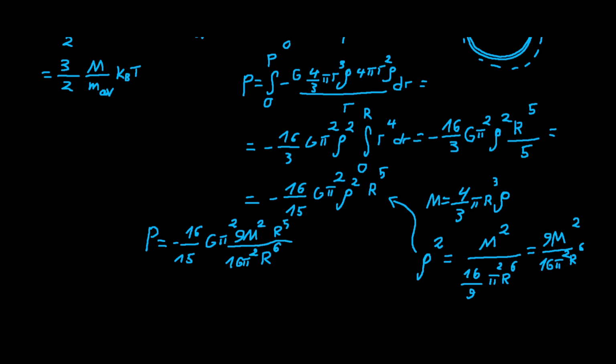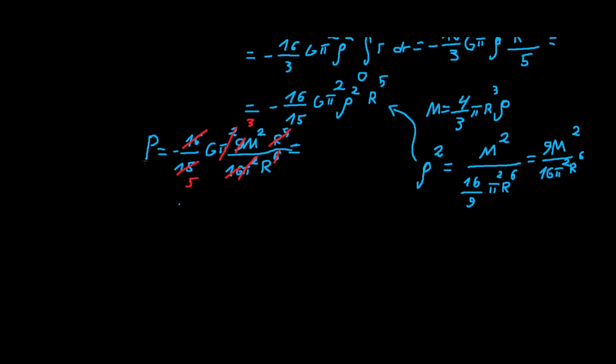Now you can simplify this expression a lot. The 16's cancel, the pi squareds cancel, r to the fifth at the top cancels with r to the sixth at the bottom. This becomes 3, this becomes 5, and so after we have simplified, P is equal to minus 3/5 G M squared over r.